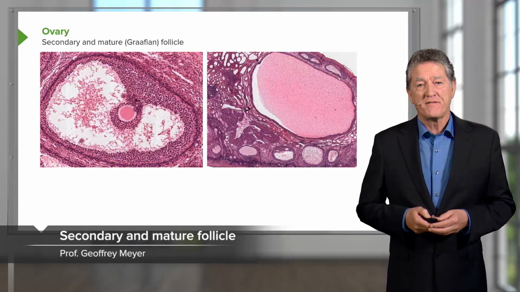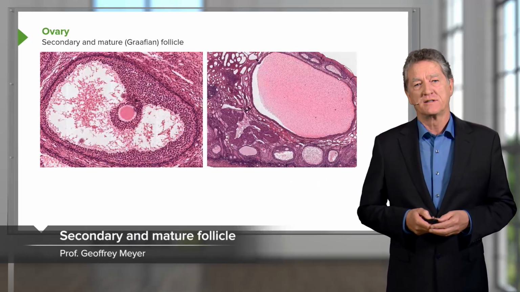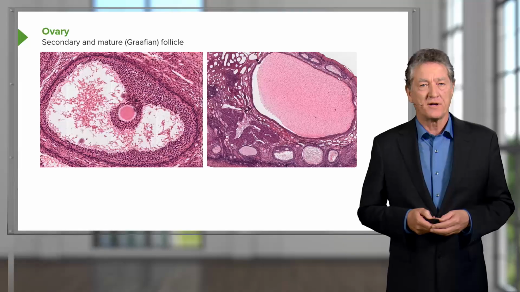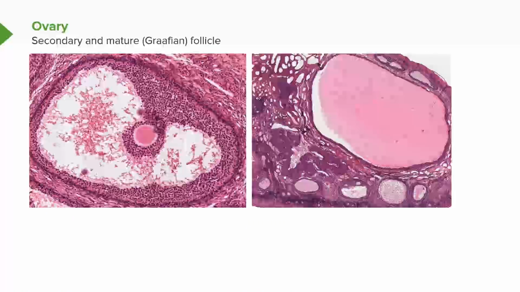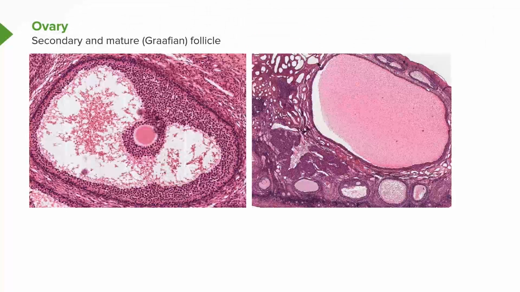Now we see a very large, mature follicle, a secondary follicle, on the left-hand side. You can see the oocyte within it, and on the far right-hand side you can see a huge follicle. These are taken at different magnifications. The mature follicle, or the Graafian follicle, as it's called, that is about to ovulate, is very large.